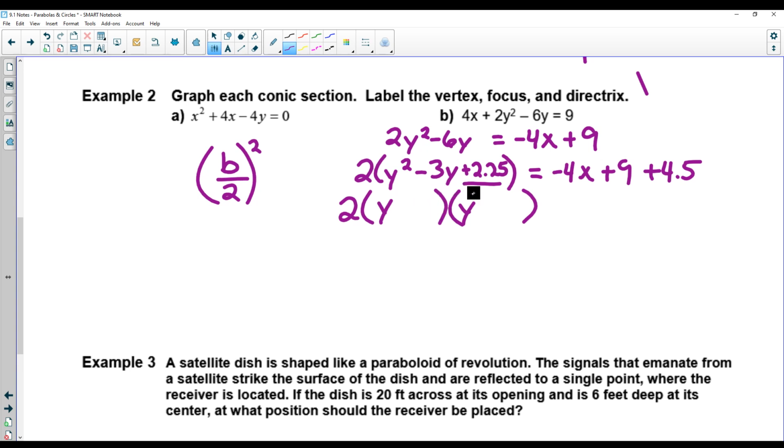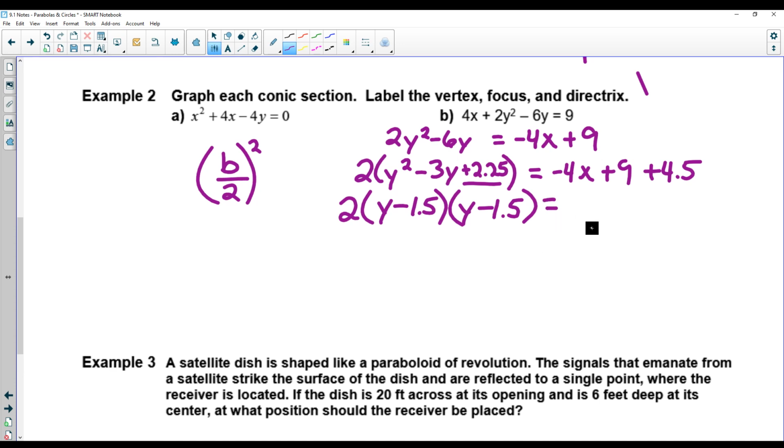It's always half of the middle term, because 1.5 times 1.5 is 2.25. That's how we got the 2.25, doing this b over 2 squared. So 1.5 times 1.5 gives me 2.25, and it adds up to 3. But now I need it to add up to negative 3, so both of them are going to be negative. There, we're good. That side's taken care of. I've got to clean it up, but it's pretty close.